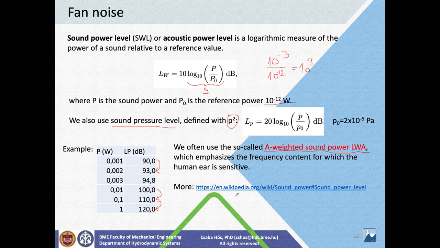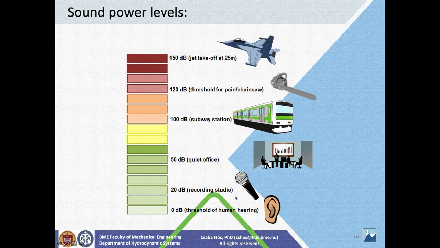So what you need to know is approximately how it changes. In a recording studio where you have extremely low noise, you have about 20 decibels of sound power level. In a quiet office, you have about 50 decibels. In a crowded subway station, you have 100 decibels. If you are working with a chainsaw, then you have 120 decibels.